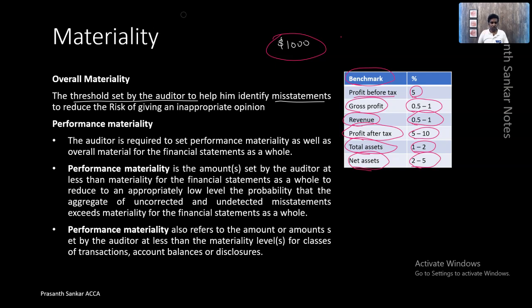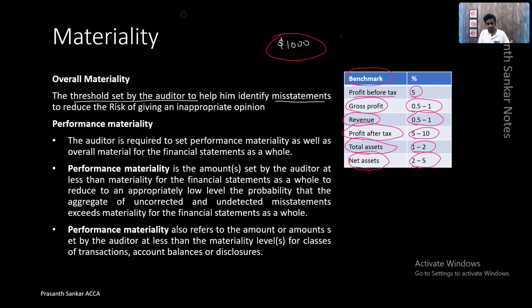So the auditor uses this benchmark and arrives at a figure, above which any misstatement leads to a modified opinion, and below this there is an unmodified opinion. Is that so?